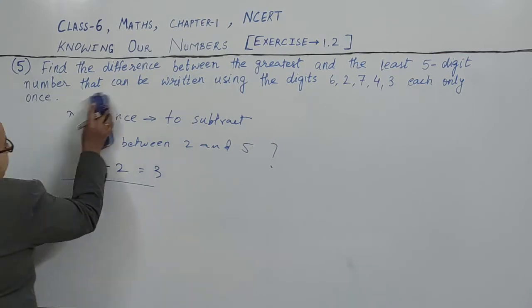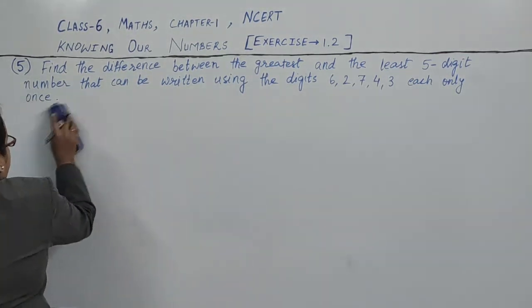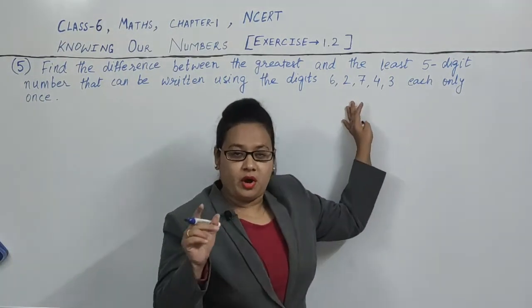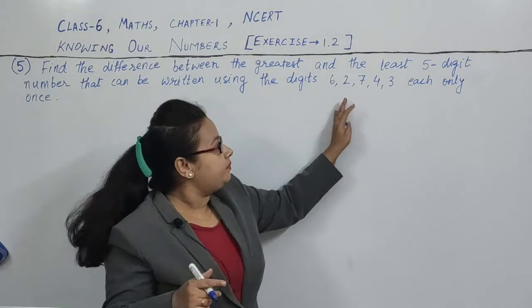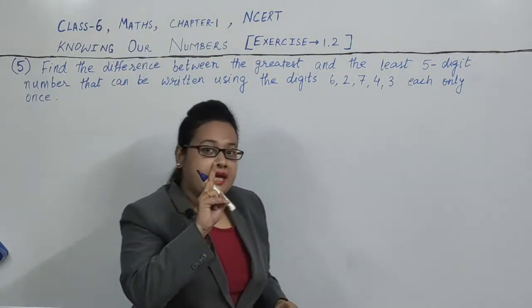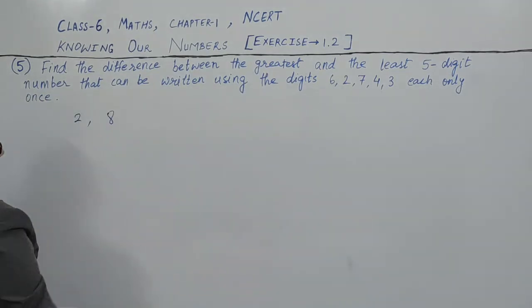Now let us understand what it means. I will give you a small example like I give in every question. I will not take these 5 digits. We will take only 2 digits, 2 and 8.